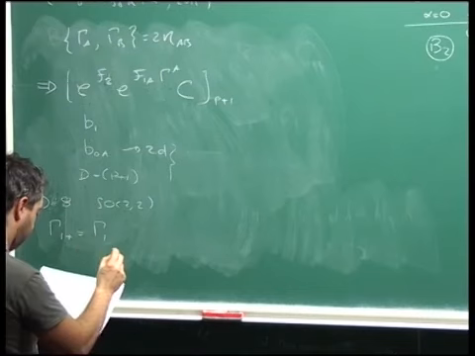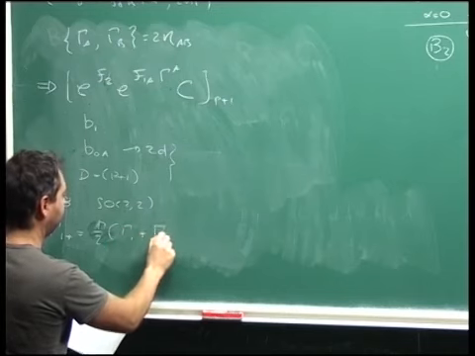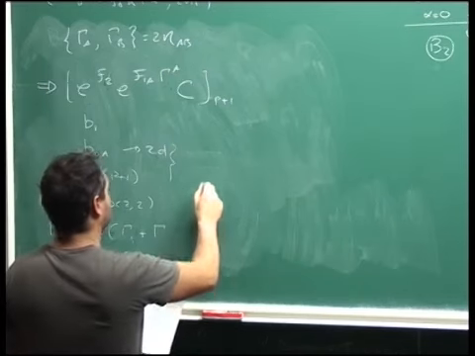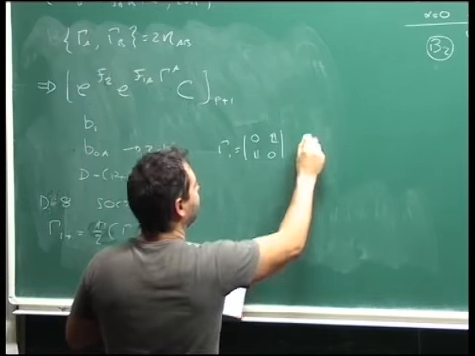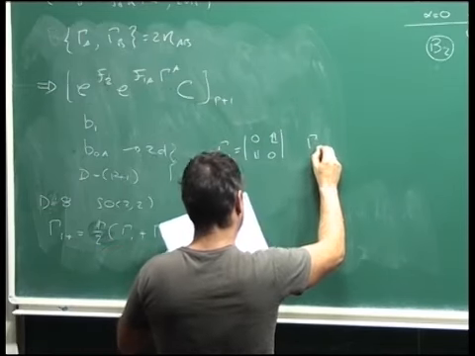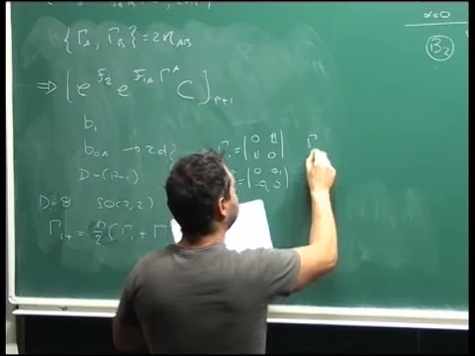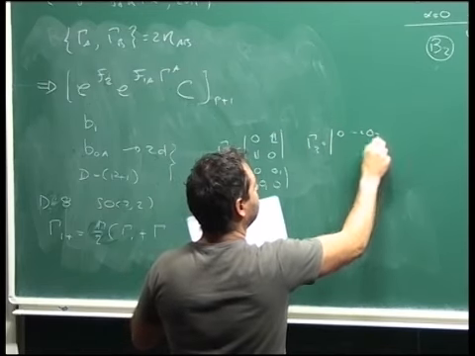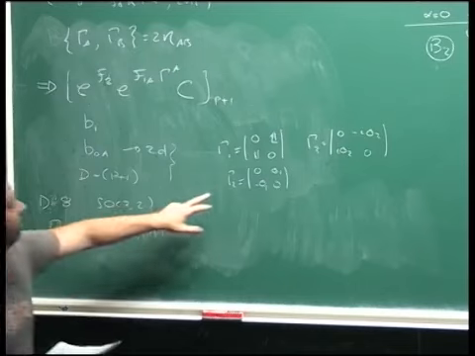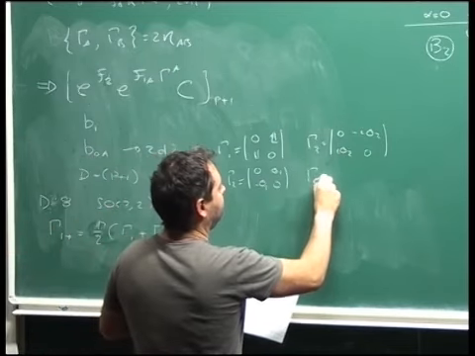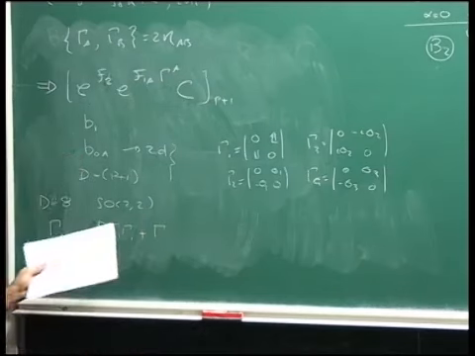Gamma 1 I consider as (0,1;1,0), and gamma 2 is (0, sigma 1; minus sigma 1, 0). And then gamma 3 is (0, minus i sigma 2; i sigma 2, 0). So 1 and 3 are the plus directions, and 2 and 4 are the minus directions in SO(2,2).